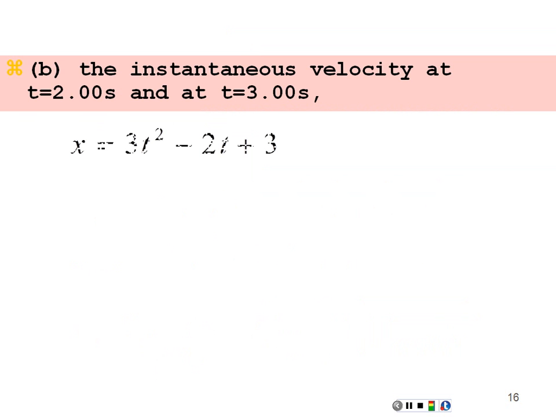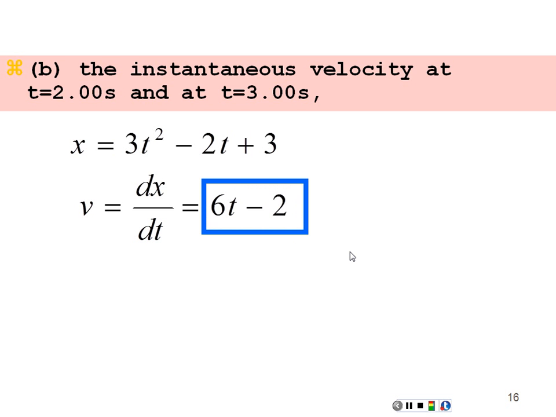I want to find our instantaneous velocity as well, taking our position and taking the derivative of that. That will be our instantaneous velocity for all time. The derivative of 3t squared minus 2t plus 3: the derivative of the constant 3 is 0, the derivative of minus 2t will give us minus 2, and the derivative of 3t squared will give us 6t. So we have that the velocity is 6t minus 2.